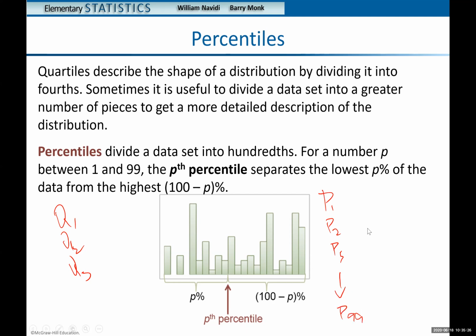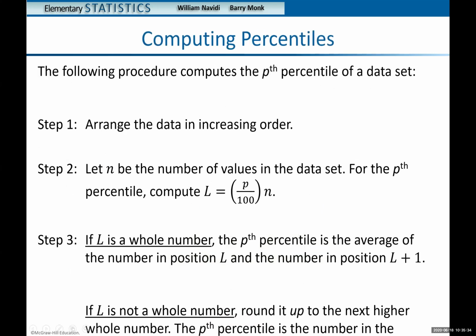Okay. Now, how are we going to solve these percentiles? Again, arrange the data in order. Then to locate it, use L is equal to P over 100 times N. So copy that.